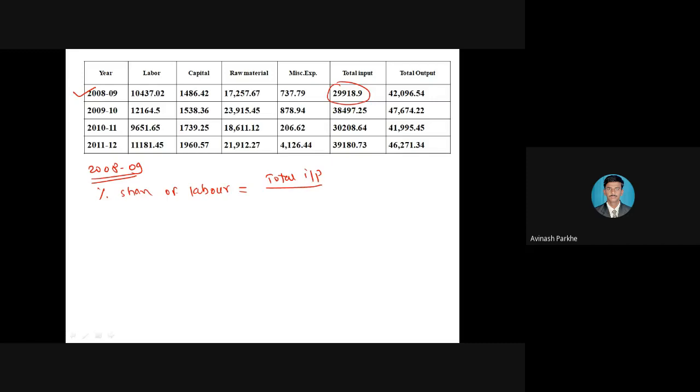Out of this particular total input, how much percentage share is given by the labor? So total input is 29918.9 divided by 10437.02.